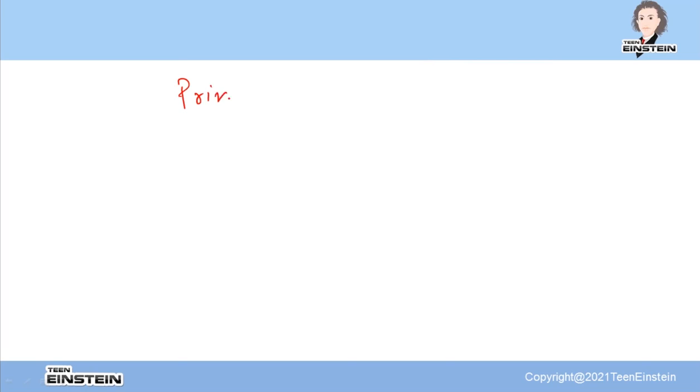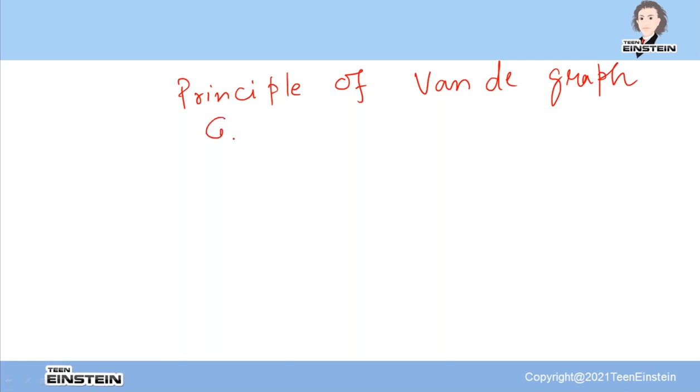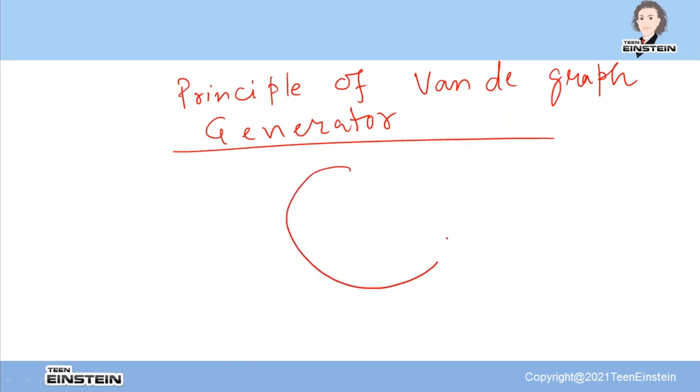In the Van de Graaff generator, you will see a big spherical cell, and inside it there will be a small sphere. This is a sphere, not a spherical cell. Inside what you keep is a metal sphere. Suppose it has radius small r.